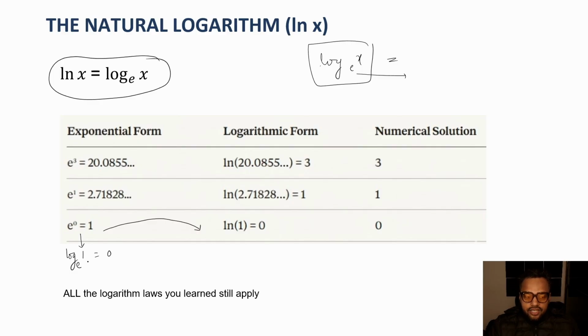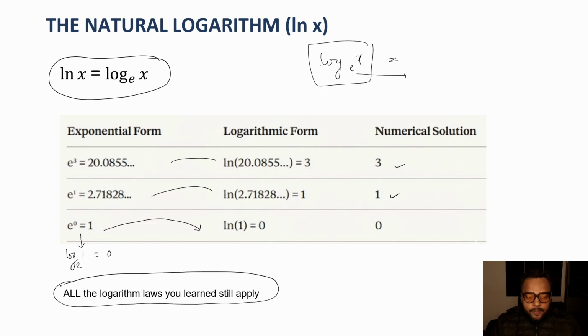I've shown you the transformation of exponential to logarithmic form. So similarly, e raised to the power 1, this is how you need to write. This is the numerical solution, e raised to the power 3. And all the logarithmic laws you have learned till now, the quotient law, the product law, the power law, all will apply for this log as well. Okay, no other laws will be applied here.